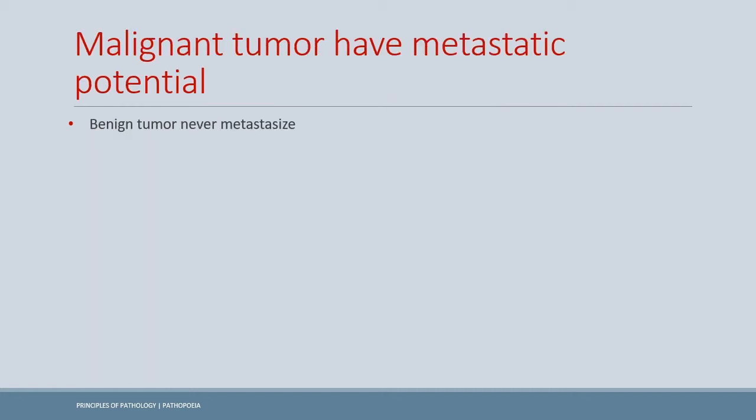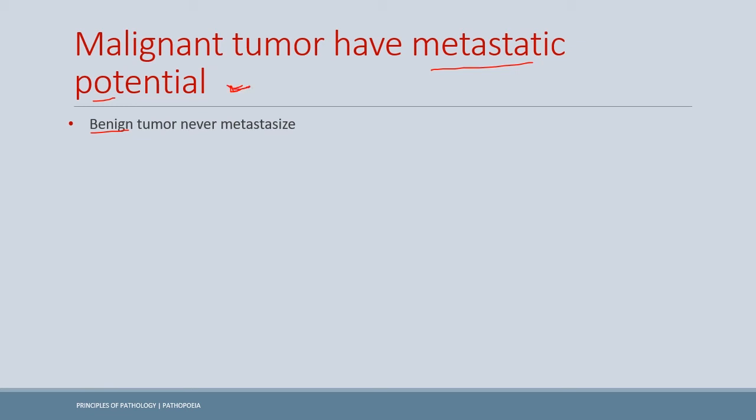Lastly, I would like to discuss a very important point, that the malignant tumors have metastatic potential. From the first lecture, I am just pointing this out again and again, but it's a very important take-home point, because the examiners love to go after this.